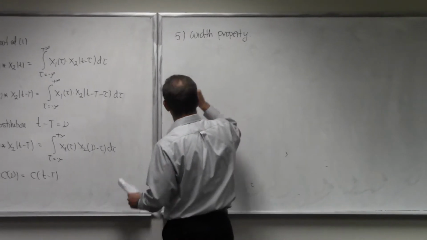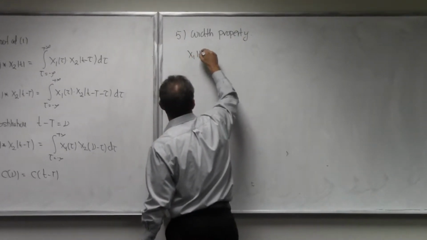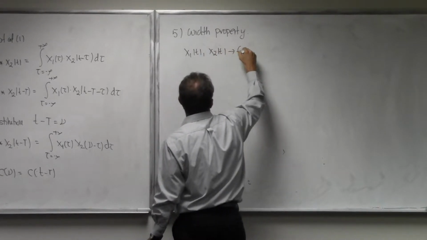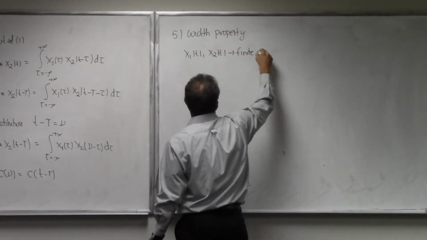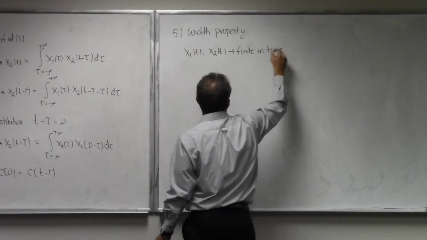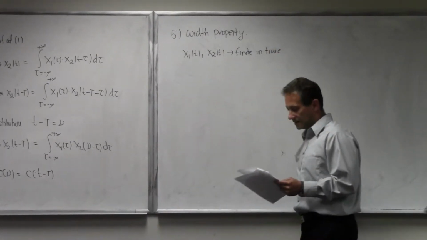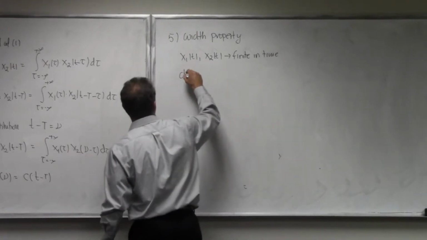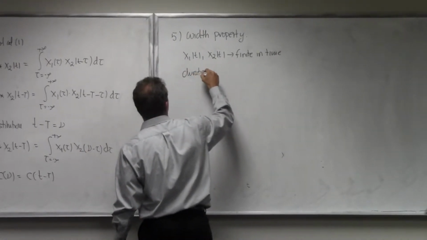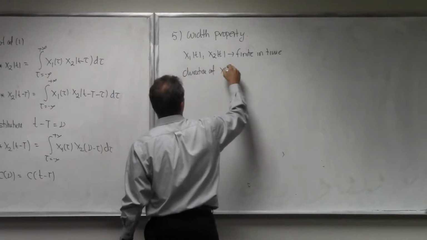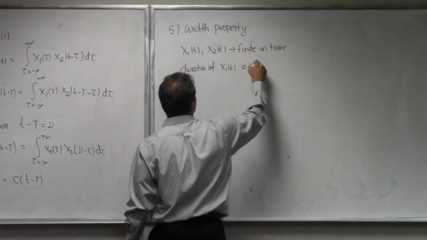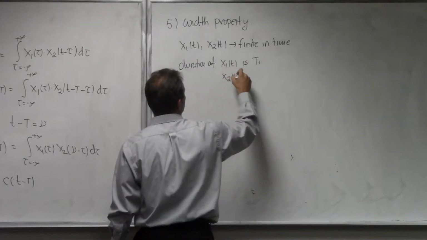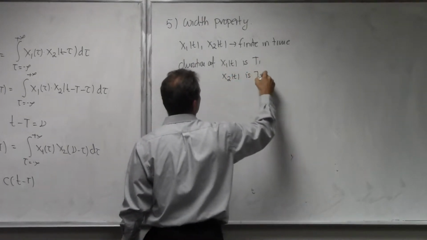If x1 of t and x2 of t are finite in time, okay, you have two signals that are finite in time, and let's say the duration of x1 of t is T1, and the duration of x2 of t is T2.